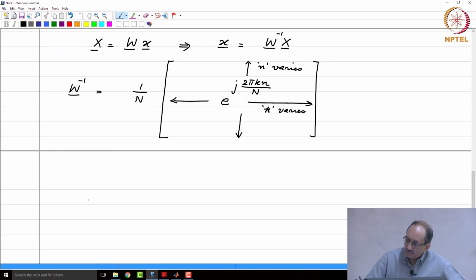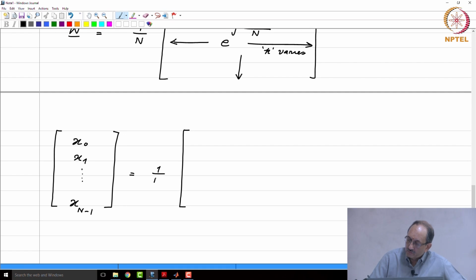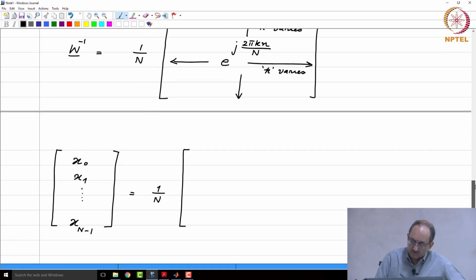So, you can think of little x, which is nothing but x0, x1 up to x capital N minus 1, as W inverse, which is what you have seen just now, multiplying the transform coefficients.